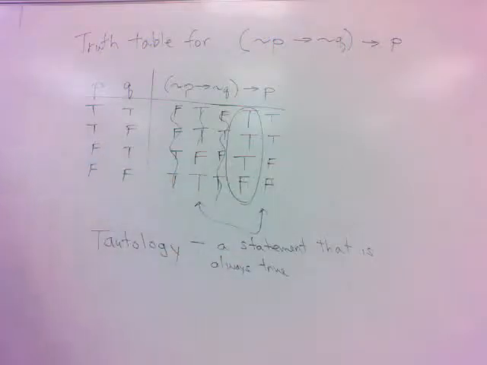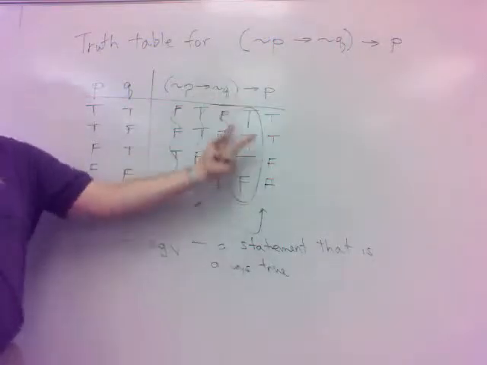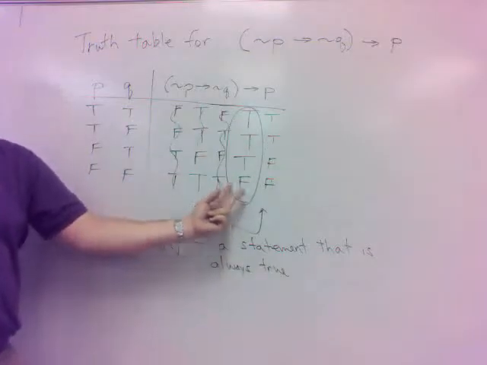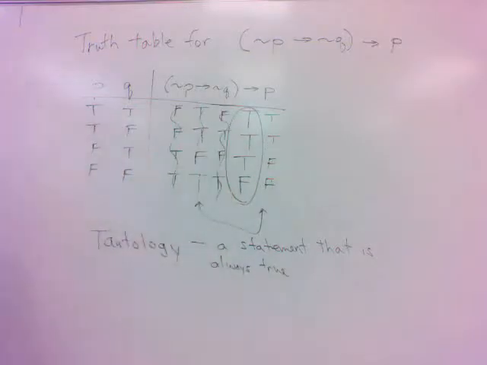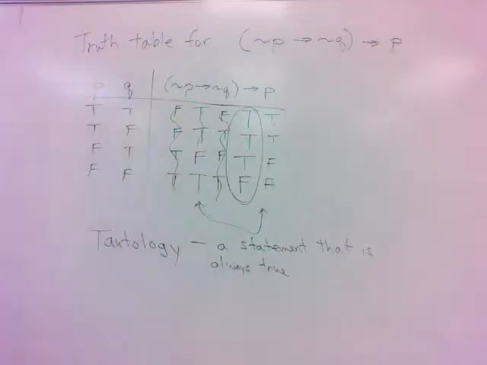To be a tautology, that last one would have had to be a true. So if it winds up your column is all trues, that's called a tautology. And they ask sometimes about that. That's how you get one of those. Always true statement. All right?